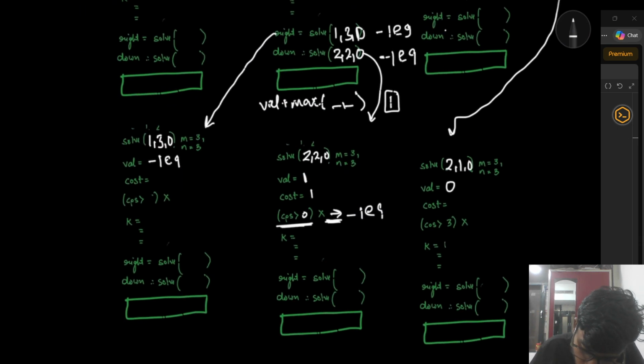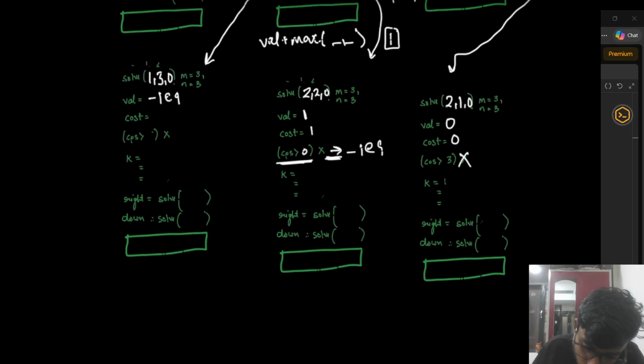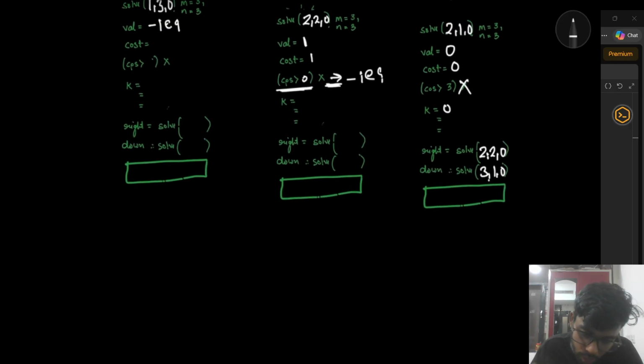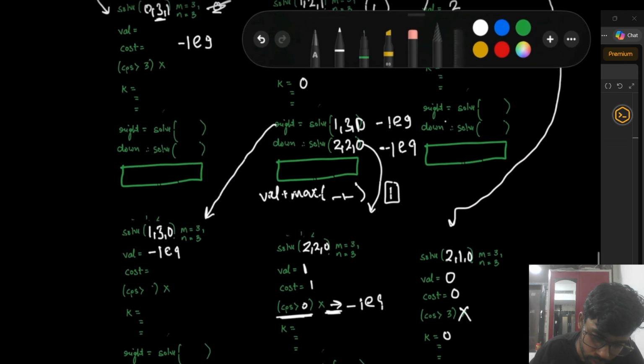Value is 0, so cost will be 0. Then is cost greater than, so this will be false. So k will be 0. Then again what? 2 comma 2 comma 0, 3 comma 1 comma 0. Again it will call the right part.